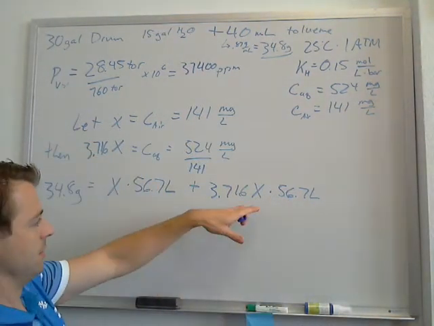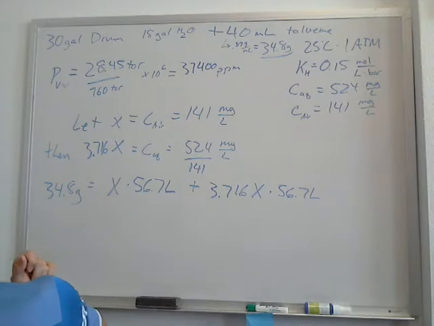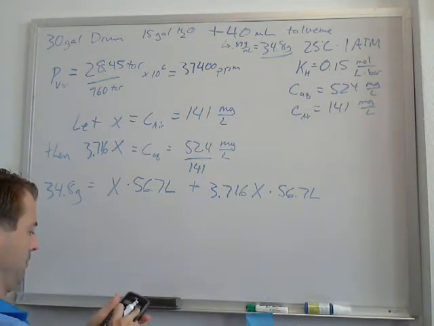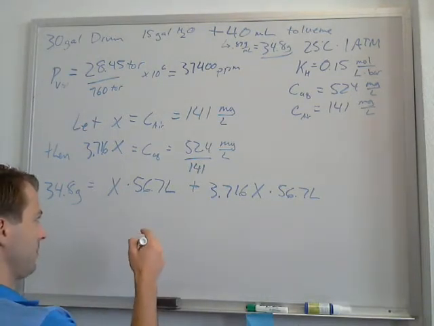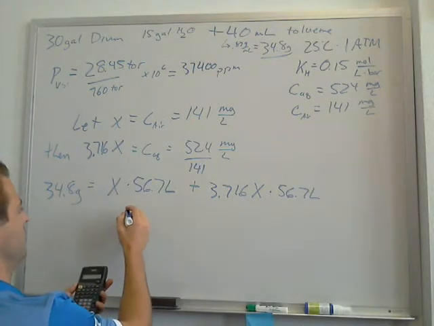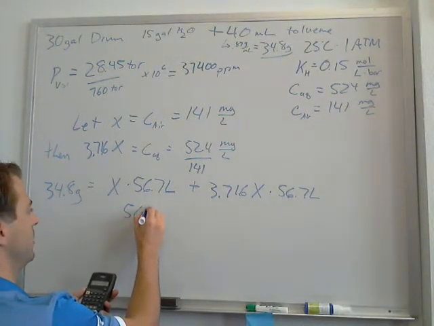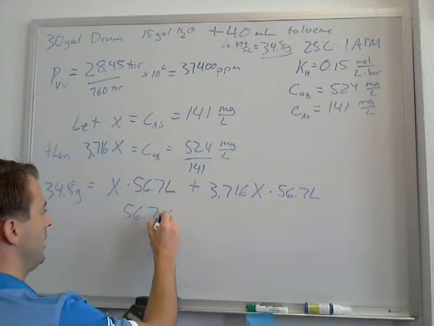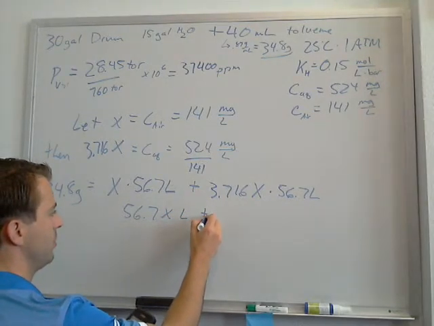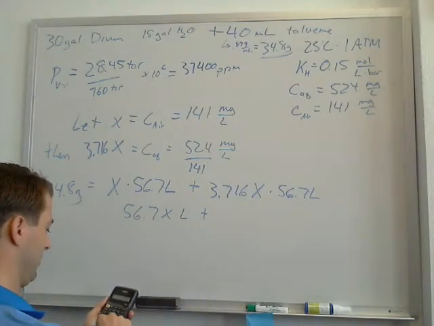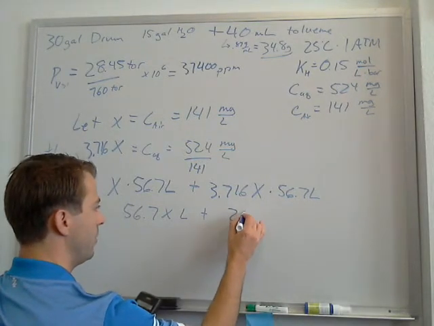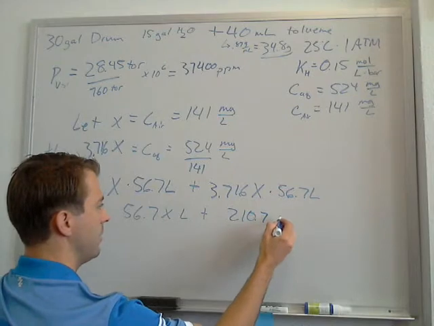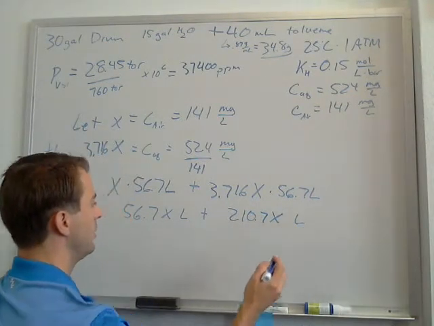So we have this unified expression in terms of mass. We have 56.7 x liters plus 210.7 x liters.